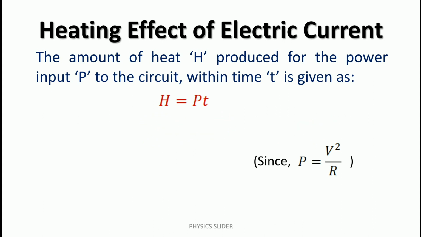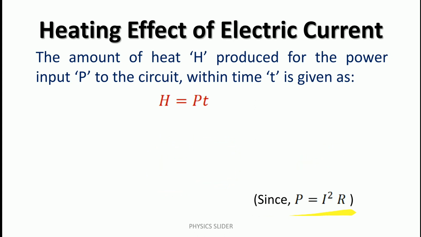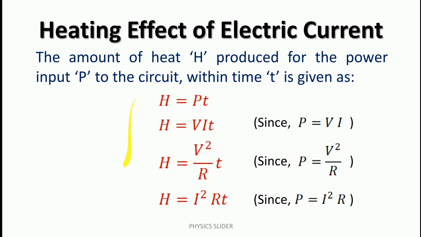And as we know, P is equal to V square upon R. So we can put the value of P as V square upon R. So this becomes H is equal to V square upon R into T. One more thing we know, P is equal to I square R. If we put the value P is equal to I square R, then it becomes H is equal to I square RT. So these are the formulae for the heat generated from a conductor of high resistance.